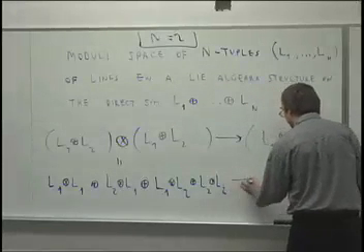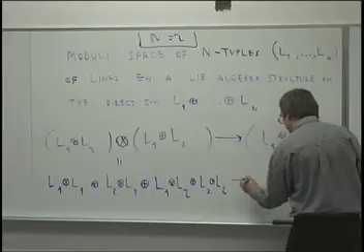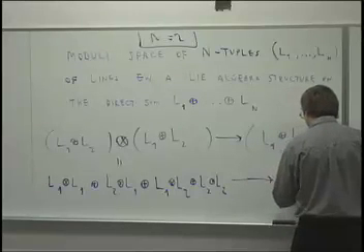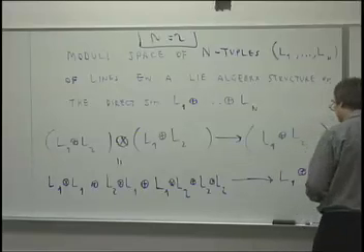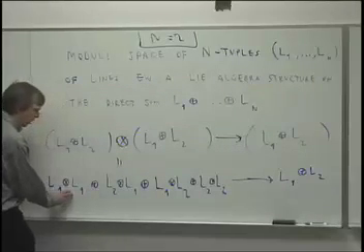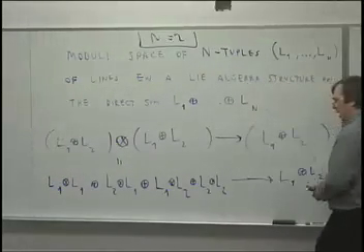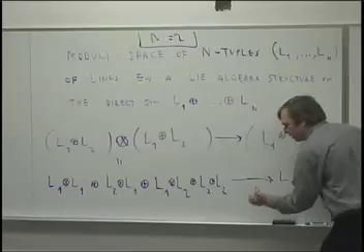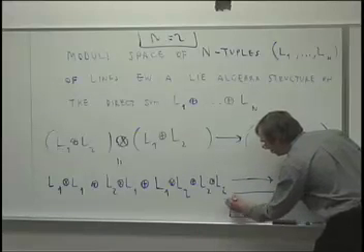And that's mapping to L1 plus L2. So it's going from a direct sum of 4 lines to a direct sum of 2 lines. So it's sort of like, in my calculation, it would be like a 4 by 2 matrix.